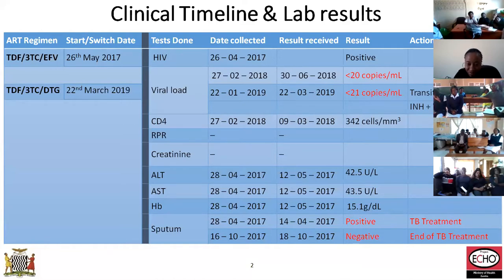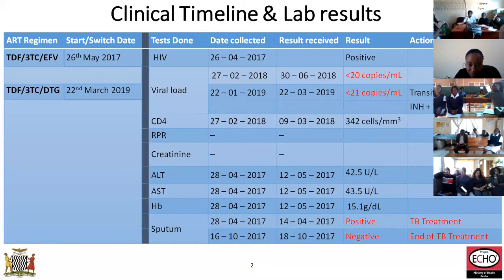The first viral load was collected on 27th February 2018 and the results were received on 30th June 2018. The results were less than 20 copies per mil.